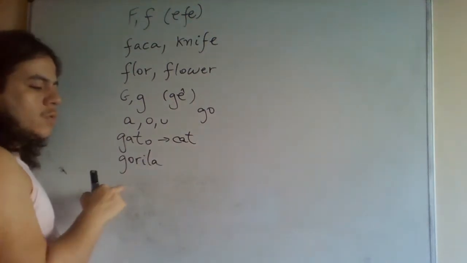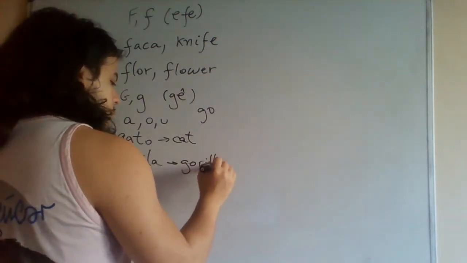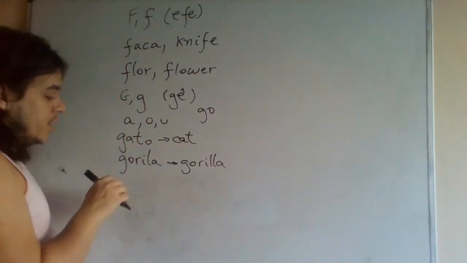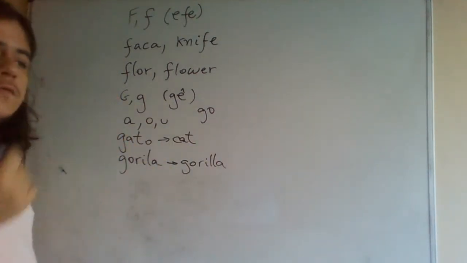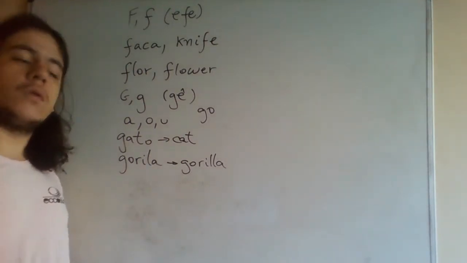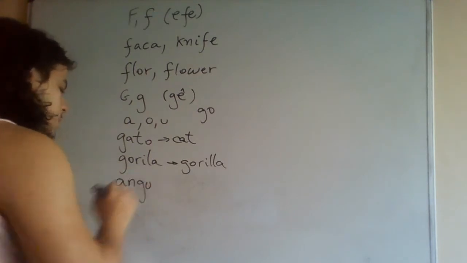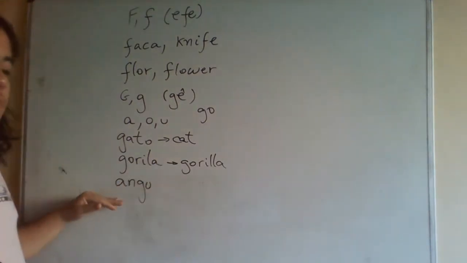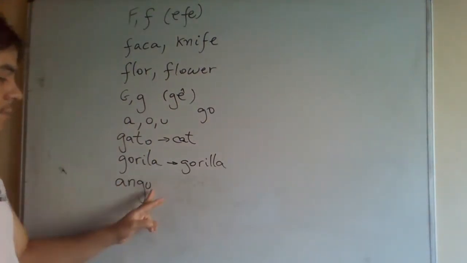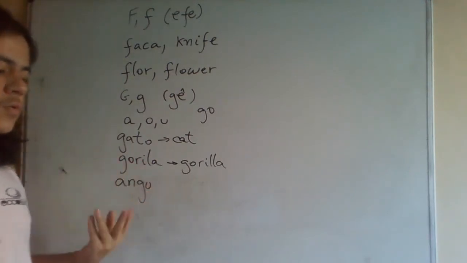Another example, gorila, it means gorilla. Here we have letter G before letter O, so it's a hard sound, go, gorila. Another example, angu. Here we have letter G before letter U, so it's a hard sound, gu, angu.